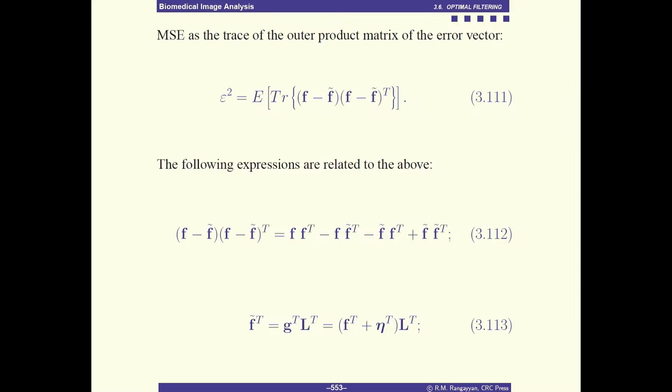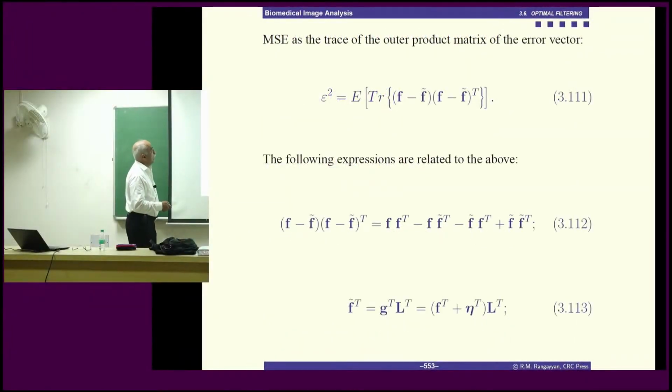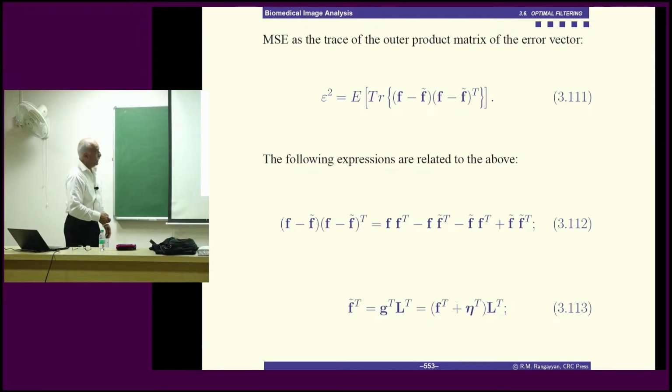We saw this formulation earlier to get the energy of an image. So then you get all of these terms. You take this and expand, you get F transpose minus F tilde transpose and all of that. I won't read all of that, it's too much to read.